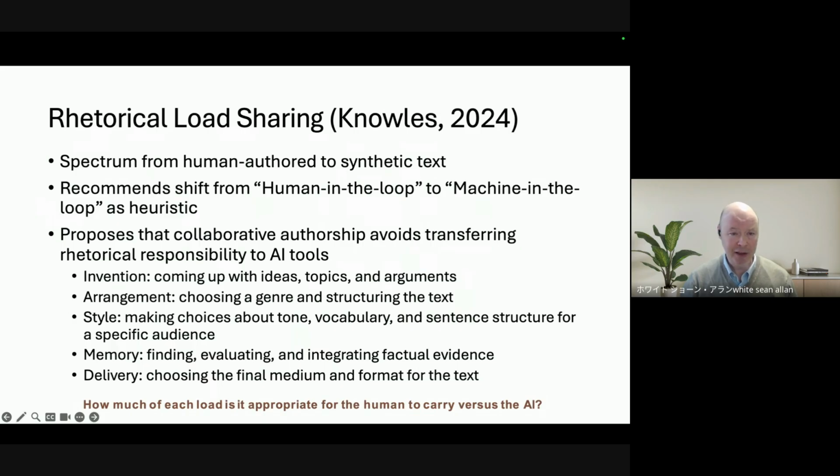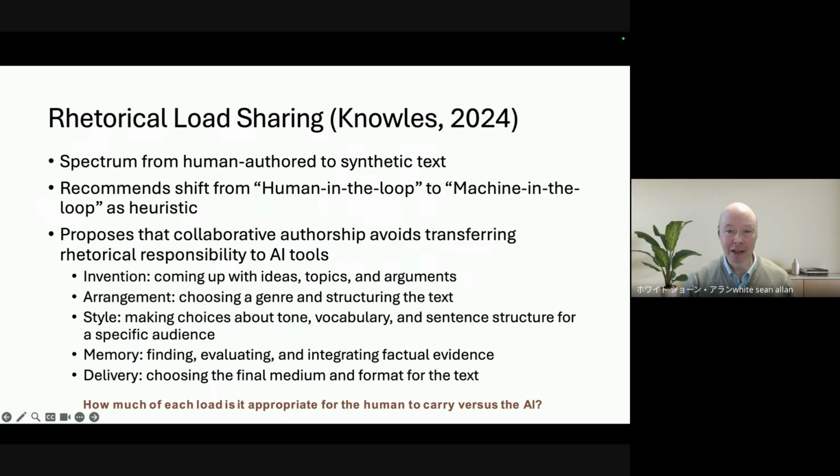a shift from this idea that is common in technology of human in the loop. This is kind of the default baseline, that we can't let technology do everything for us, that we need humans in that kind of feedback and generation and feedback loop to kind of oversee and to, I lost the word, but to basically qualify, certify was the word I wanted, sorry. Certify the output to something, particularly in educational contexts, as machine in the loop, right?